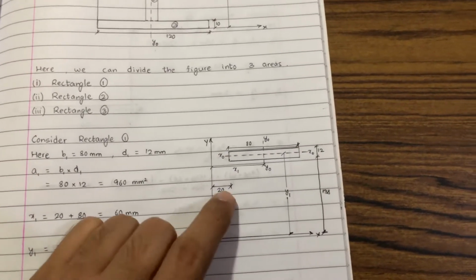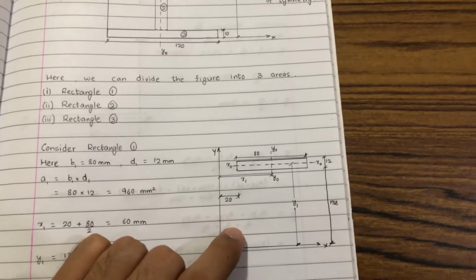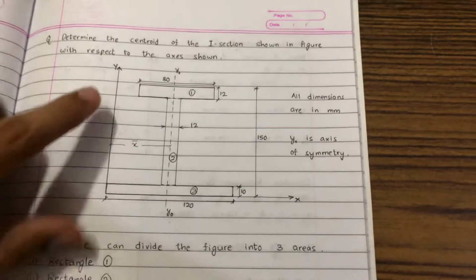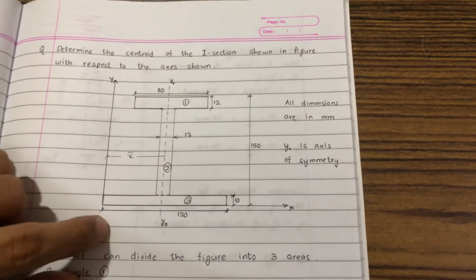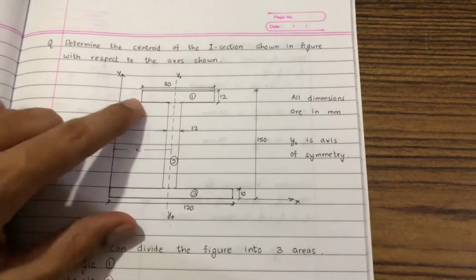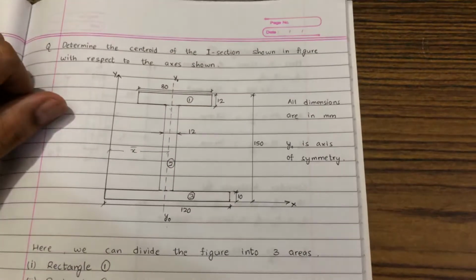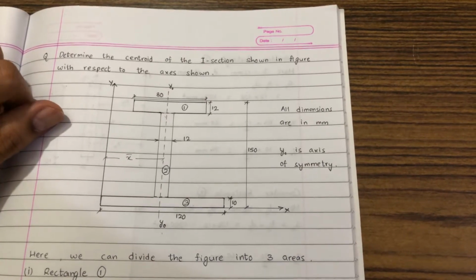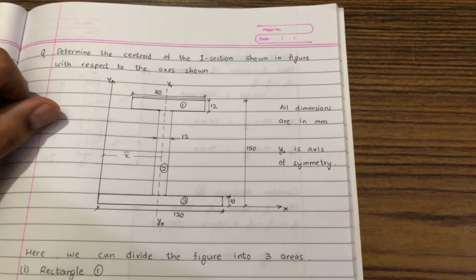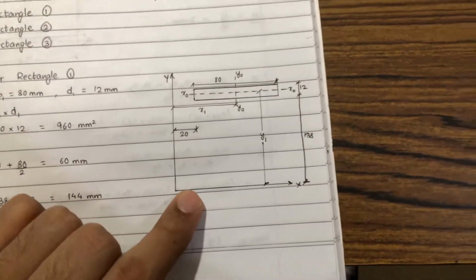How did this distance come to 20 mm? This distance would be equal to 120 minus 80 divided by 2. 120 minus 80 would be 40, and 40 divided by 2 will be equal to 20. So this comes out to 20 mm.